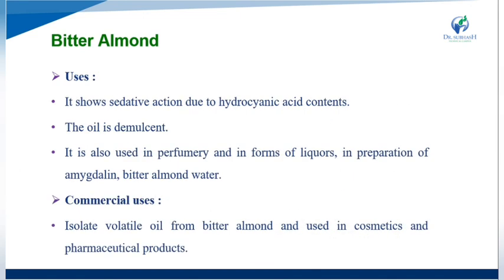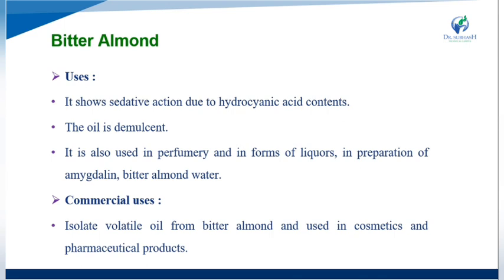Now we see the uses and commercial uses of amygdalin. It shows sedative action due to the hydrocyanic acid content, and it is also used as a demulcent in oil, and it is also used in perfumery and in liquors, and also in the preparation of amygdalin and bitter almond water.